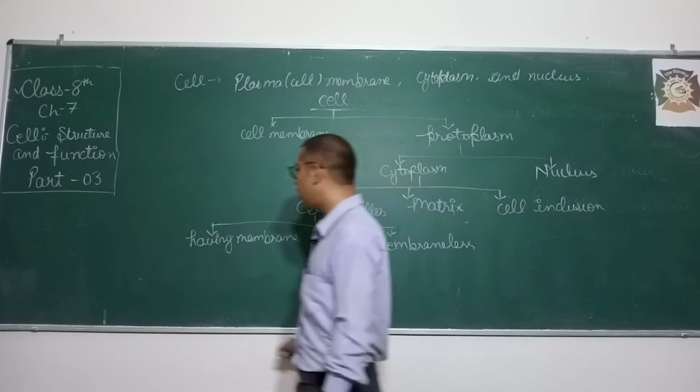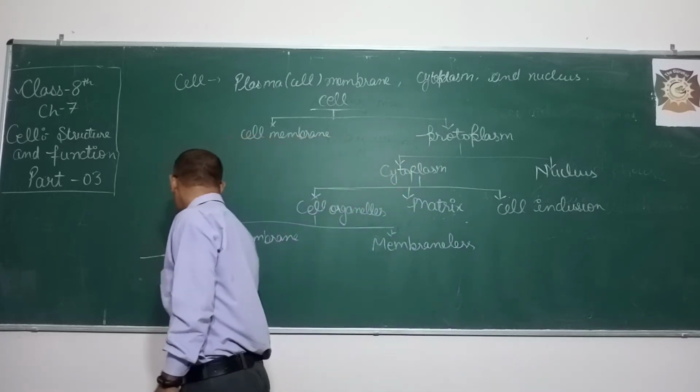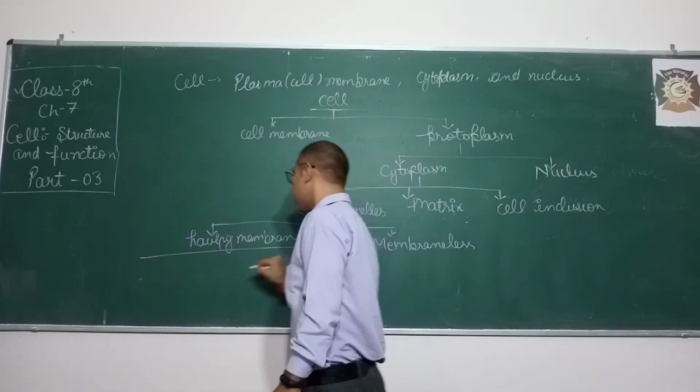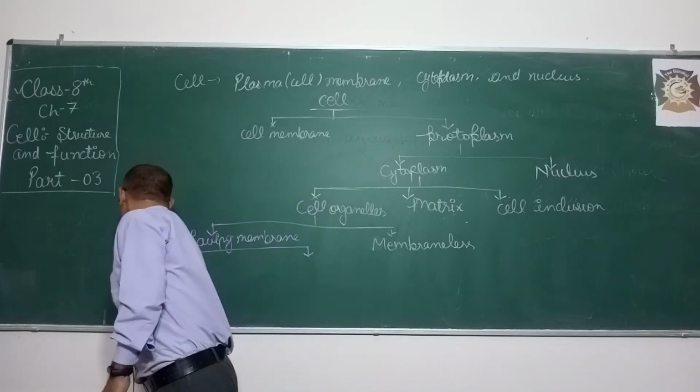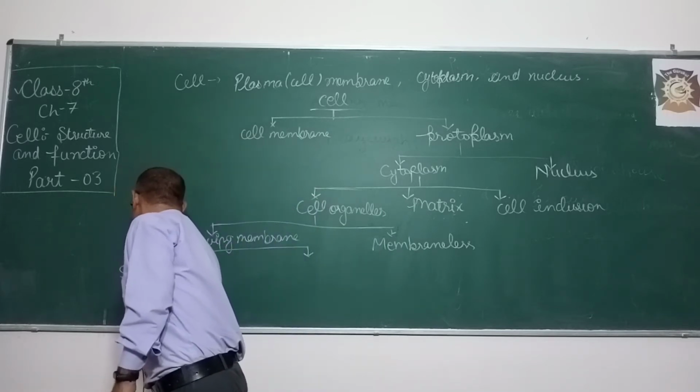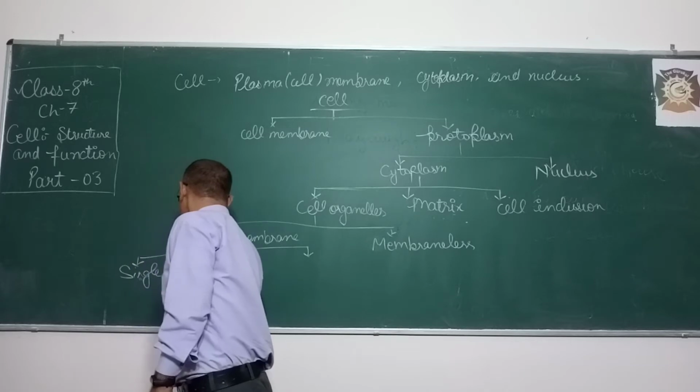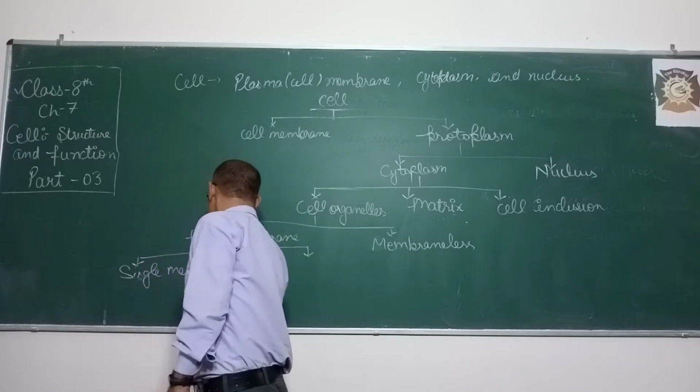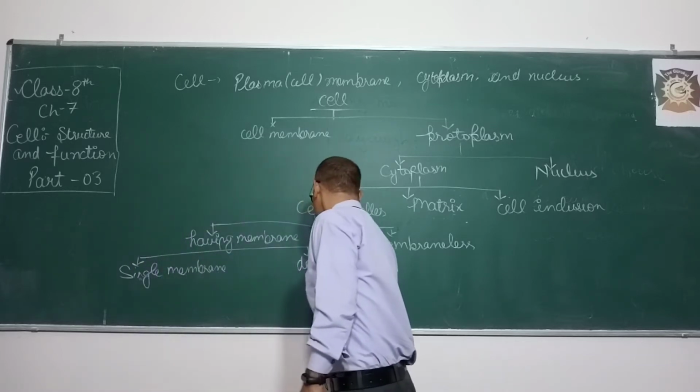Having membrane consists of two parts: single membrane and double membrane.